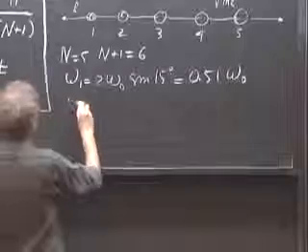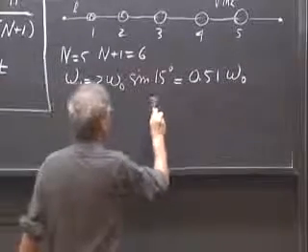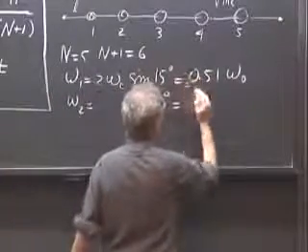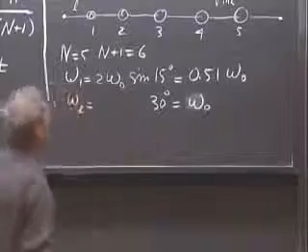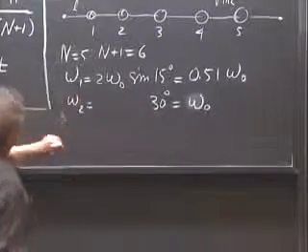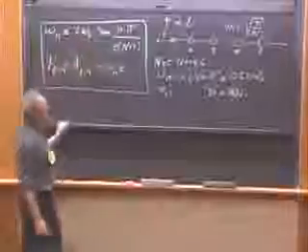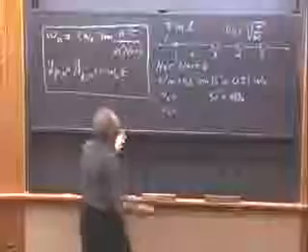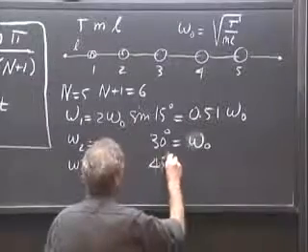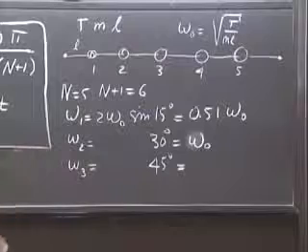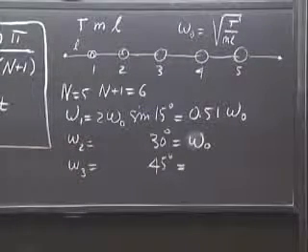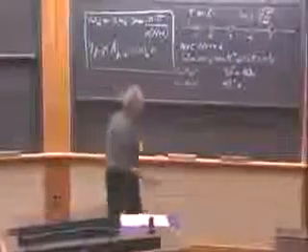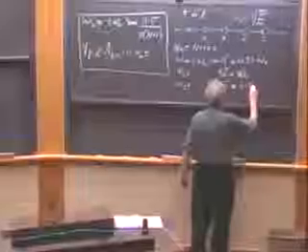I now go to omega 2, and I get the same thing, except I get 30 degrees. So I get 0.5, exactly omega 0, because the sine of 30 degrees is 1/2. And I get omega 3. Now I get the sine of 45 degrees, which is the square root of 2, so about 1.41 times omega 0.